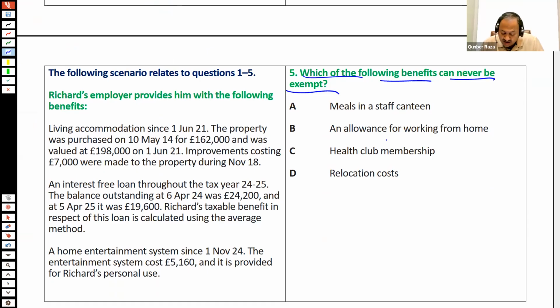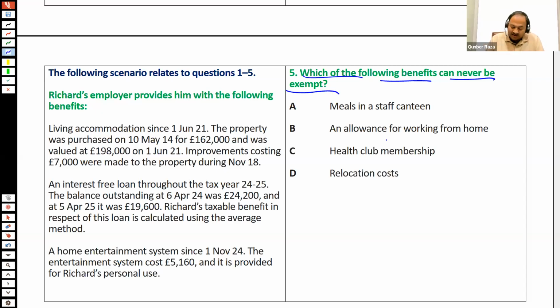Okay. Meals in a staff canteen, are they never exempt? So they are exempt if it is available to all employees. So you need to think, is there any benefit which is not exempt even with an if condition? Or there is no if condition, the other way around if I were to speak.